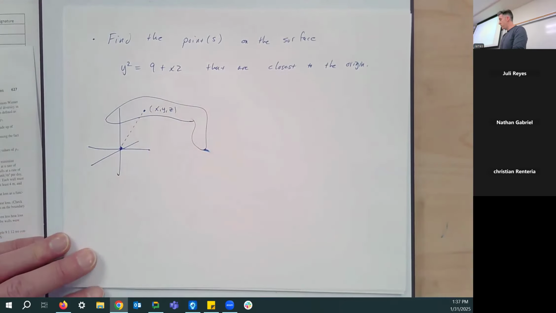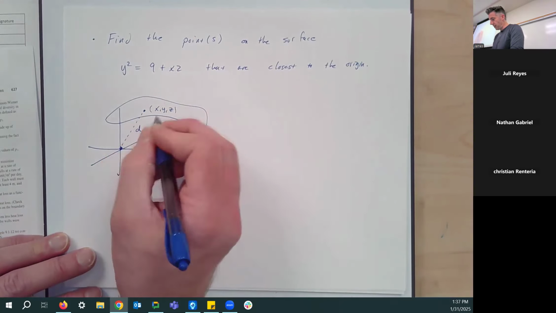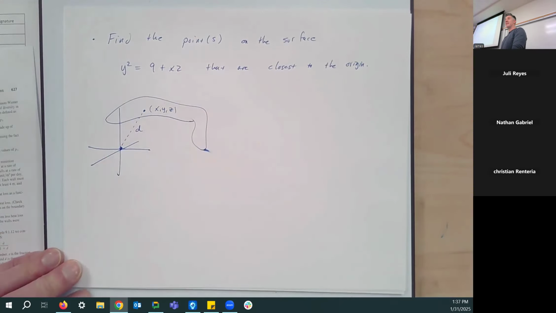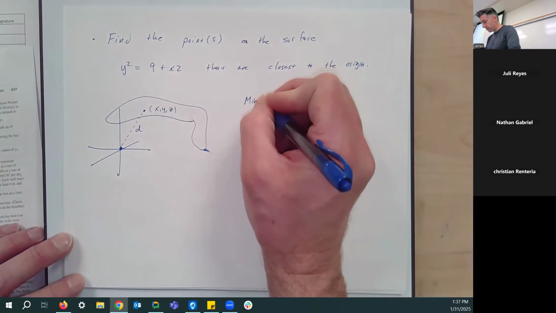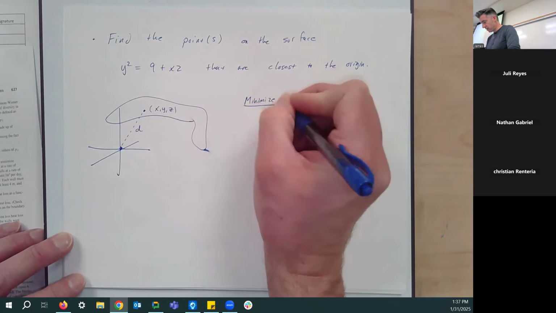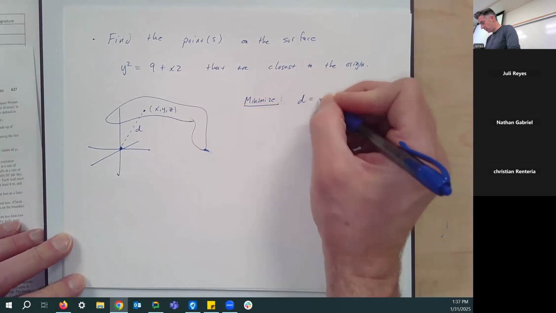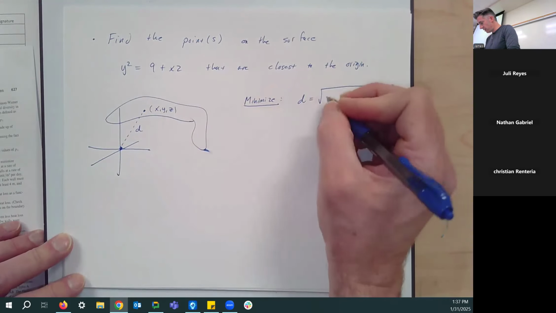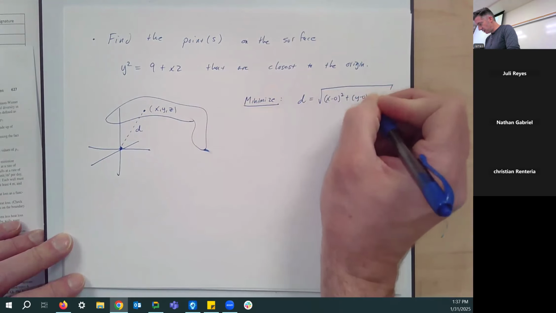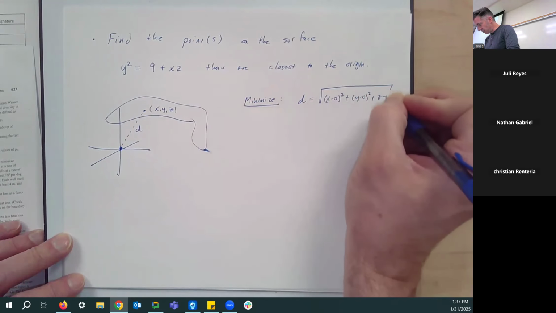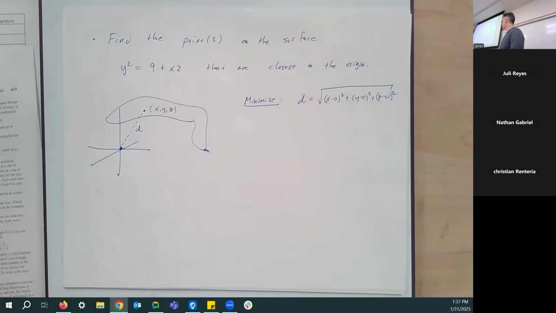What we're really trying to do here is find the point x, y, z that minimizes the distance D. So we want to minimize D, which is equal to the square root of x minus 0 squared plus y minus 0 squared plus z minus 0 squared. Now, hopefully you all remember something important I said about minimizing distance.